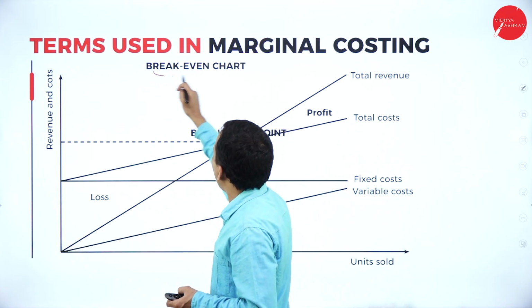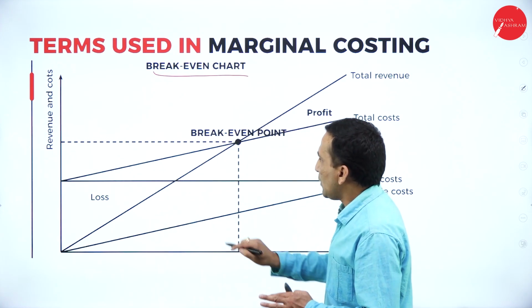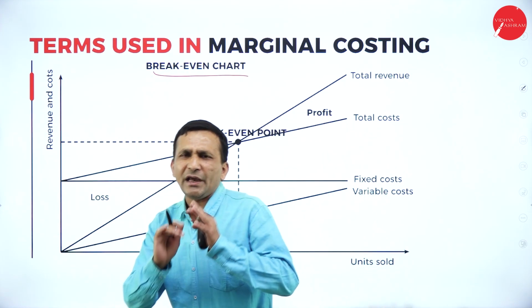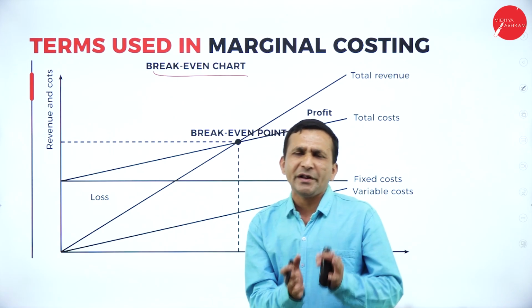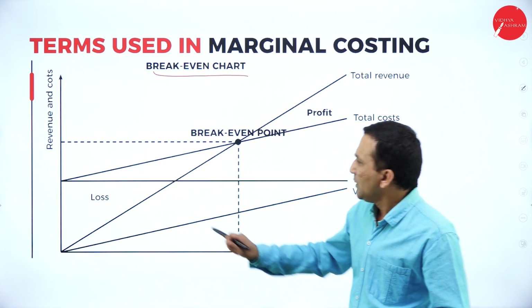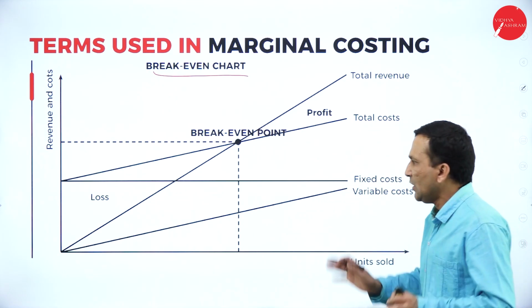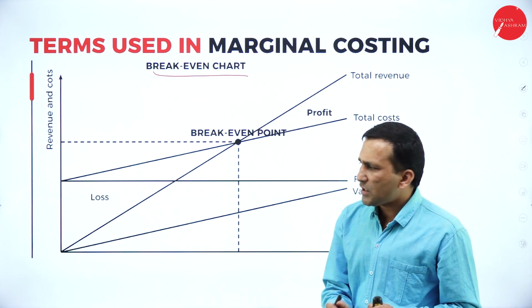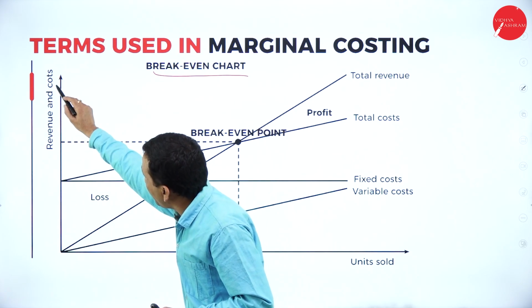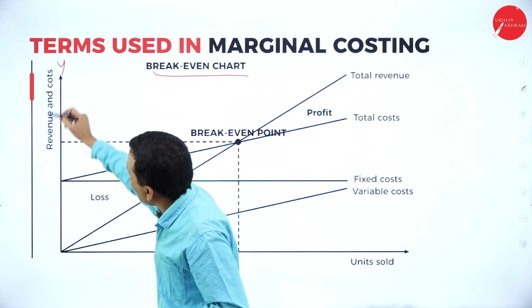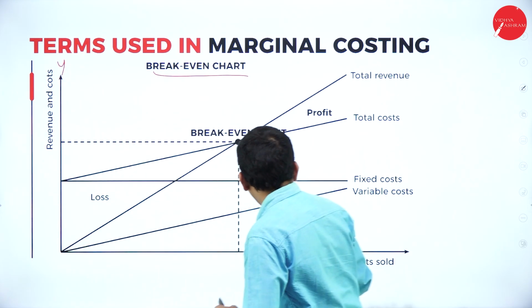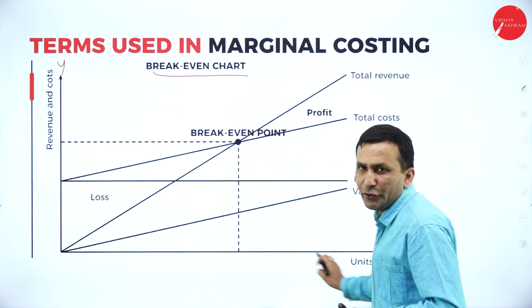So here the break-even chart is very simple. For any production, whether you start with 100 or 200 units, the fixed cost cannot change; it is always constant. On the y-axis we have revenue or cost incurred, and on the x-axis the number of units produced or quantity.